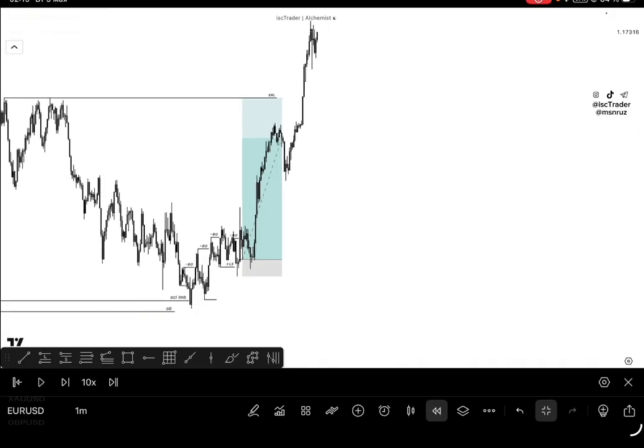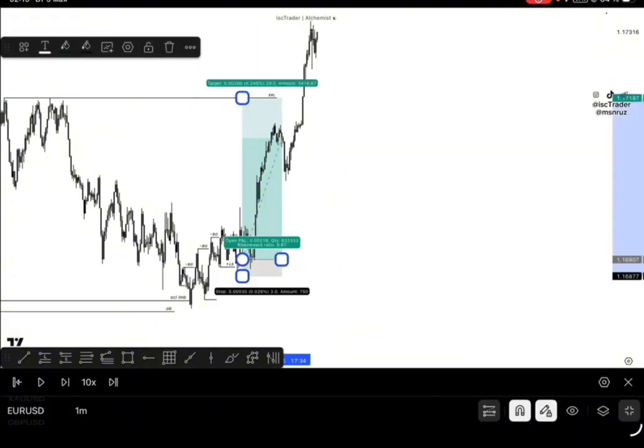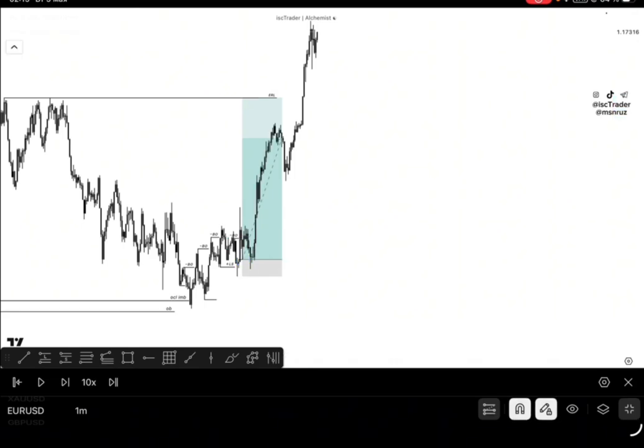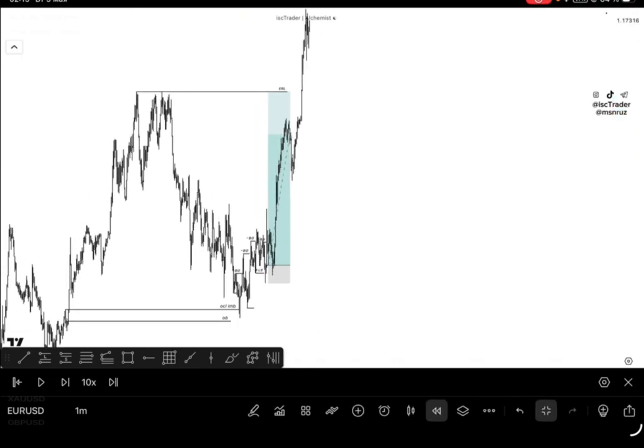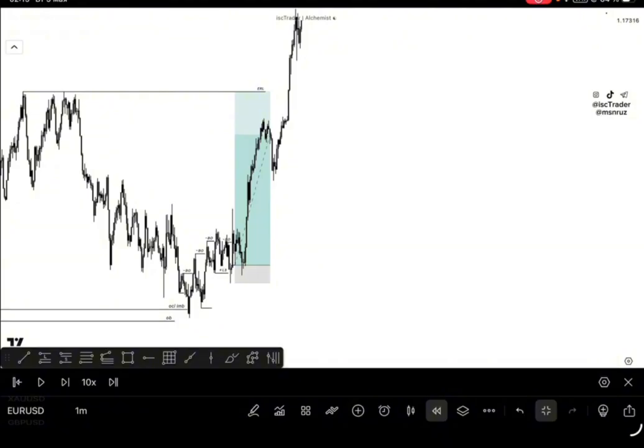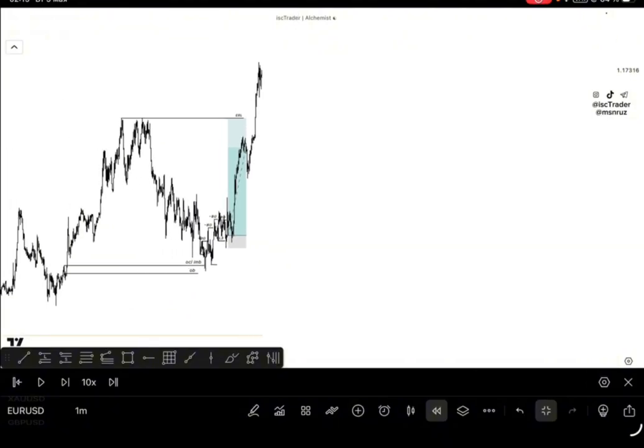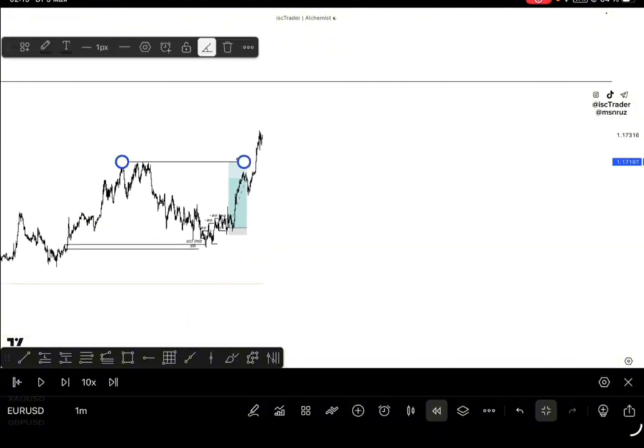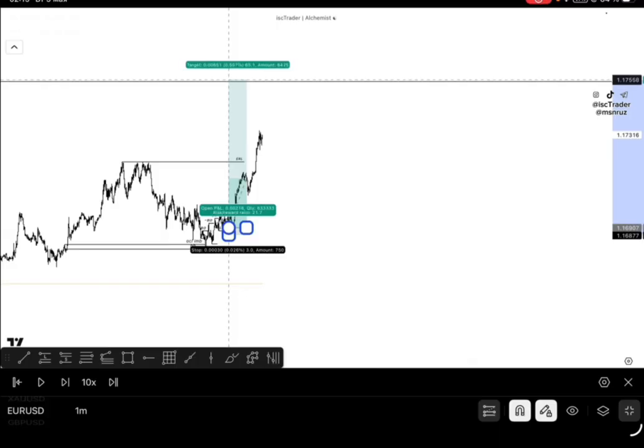It hit the first take profit. Risk reward 9. That is 10-10 risk reward. This 10 risk reward is a very good result. Okay. We will wait for the second take profit, meaning this is a full take profit.